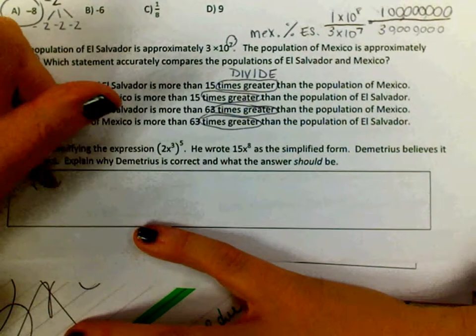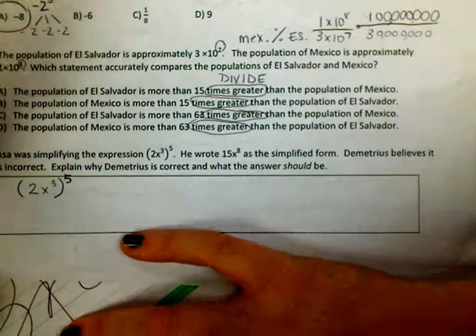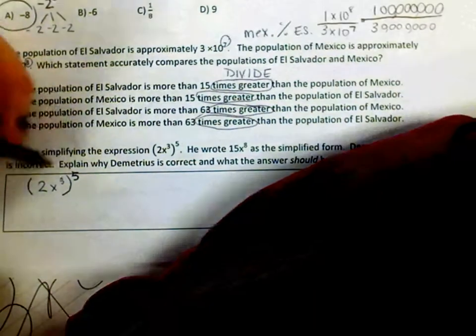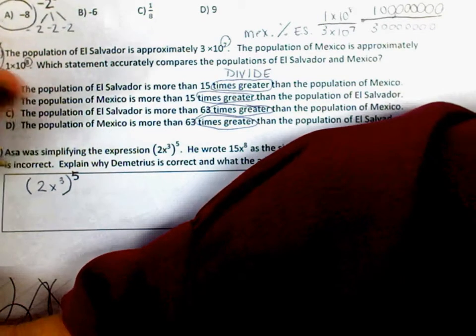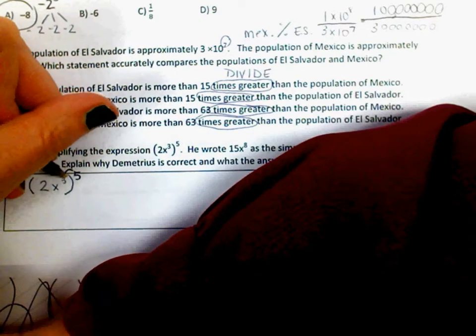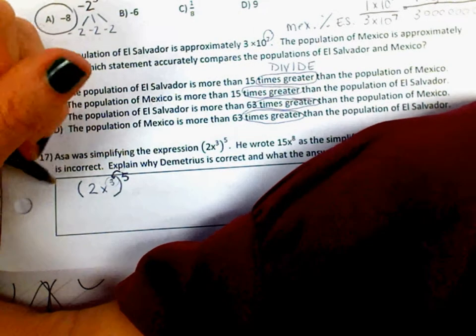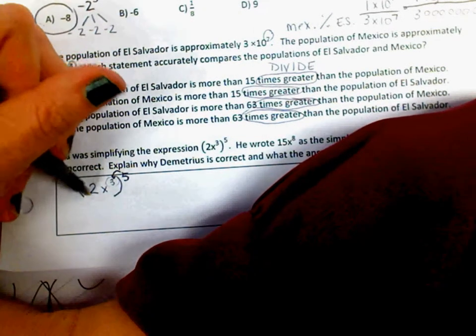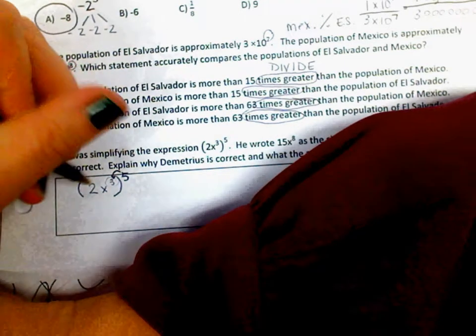So we have (2x to the 3rd power) raised to the 5th power. Remember, when you have an exponent on the outside of the parentheses, you distribute the exponent and you multiply the exponents. Okay, so we already know we have an exponent of 3 that we're going to multiply. However, this number 2 is not an exponent. It has an exponent, but the exponent is invisible.